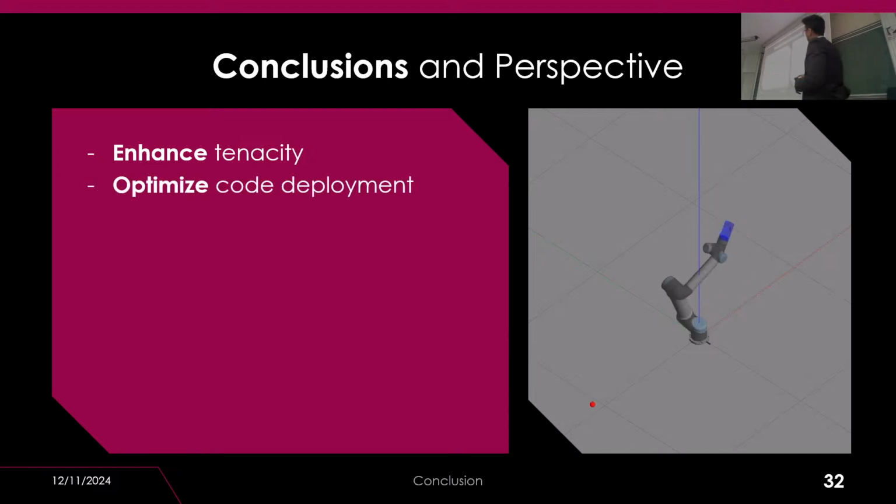Optimizing the code deployment, since all of these demonstrations were deployed through Python code, which is interpreted, and it is certain that by migrating over to C++ or any other compiled language, it would be more efficient.